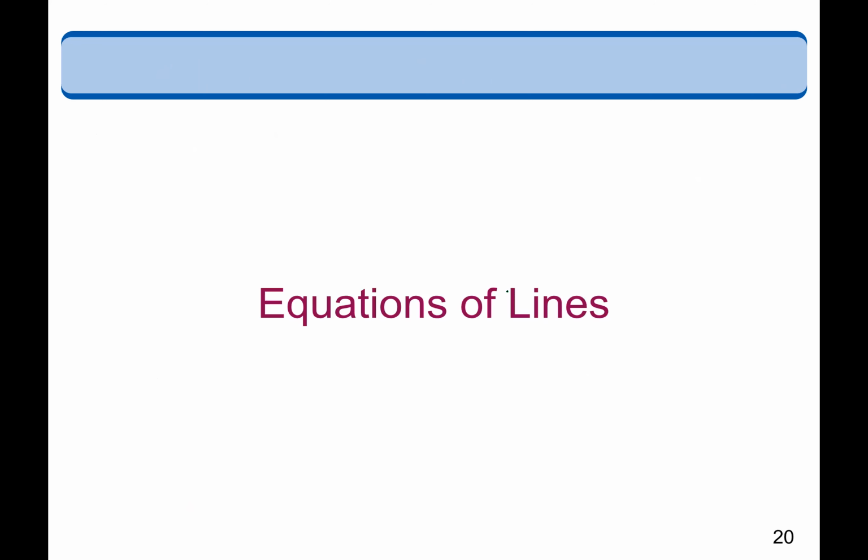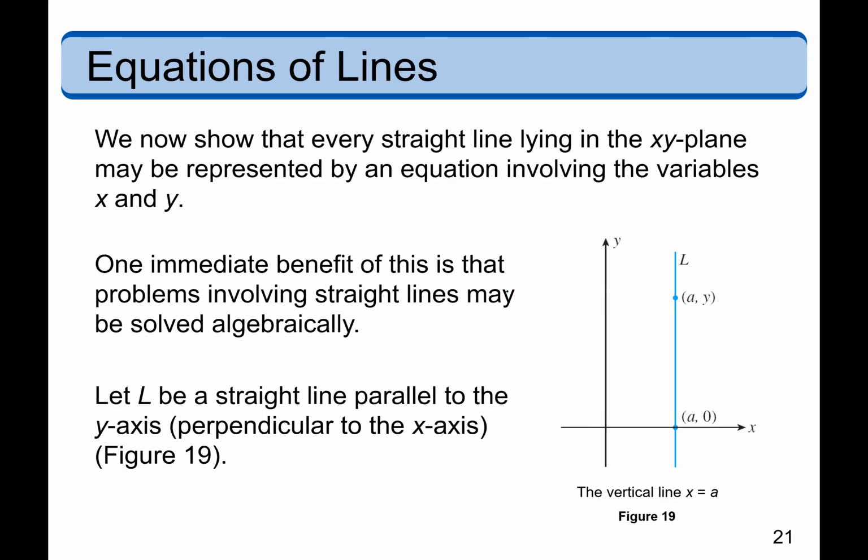So now let's move on to equations of lines. We have several different formulas we can use to get the equation of a line. First of all, let's look at some special cases. The first case is a vertical line. If you look at a vertical line, you see the x value is always the same.